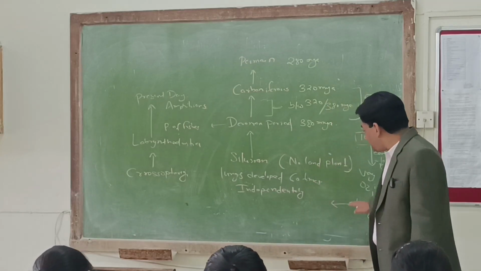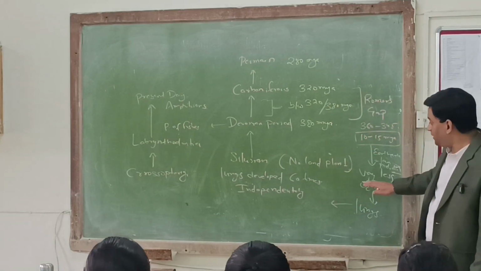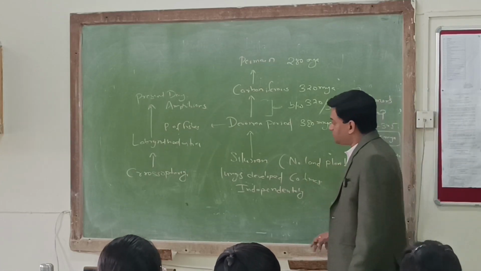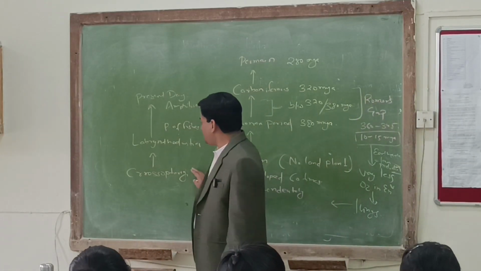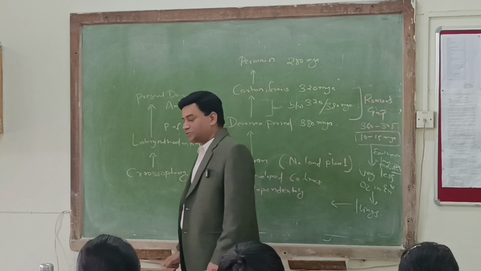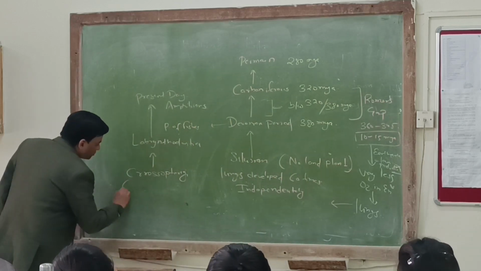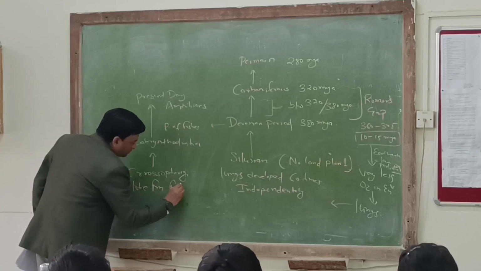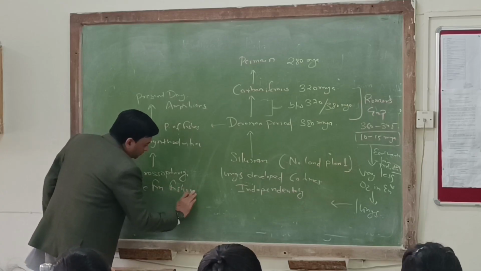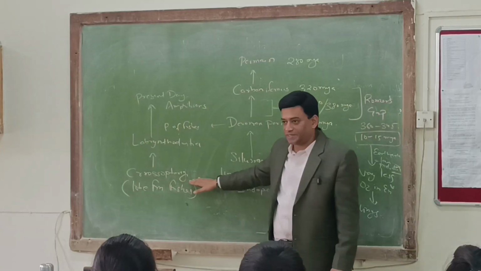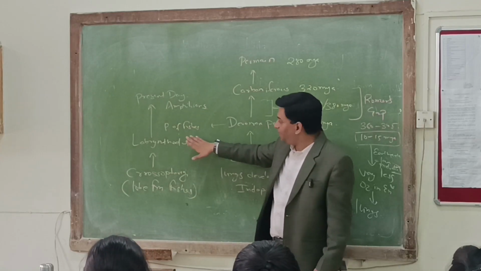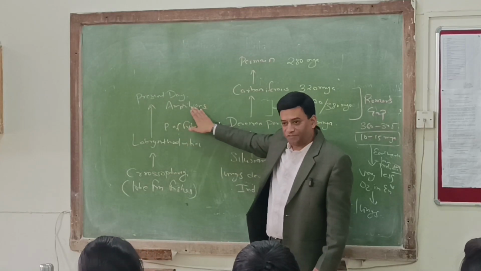So there was a greater benefit if an animal came on the land and started developing lungs, and a few crossopterygii fishes started turning. Crossopterygii fishes are actually the lobed fin fishes. Crossopterygii means lobed fin. So a few lobed fin fish give rise to Labyrinthodontia, and the Labyrinthodontia give rise to Amphibia.